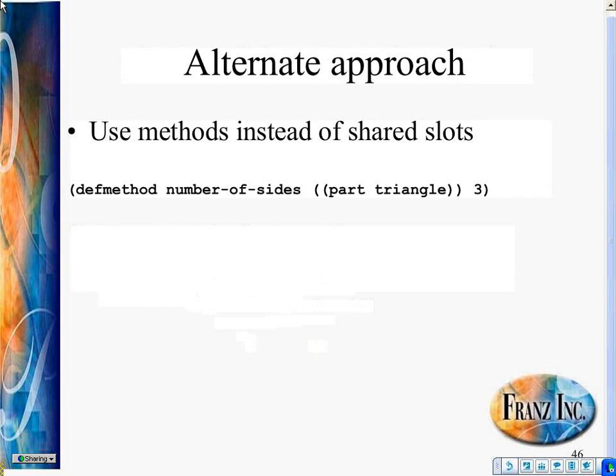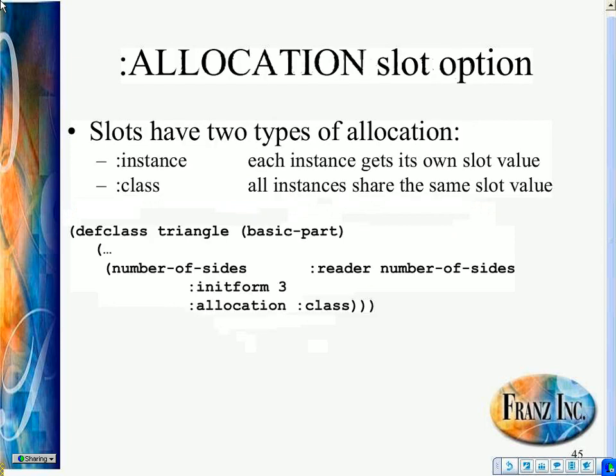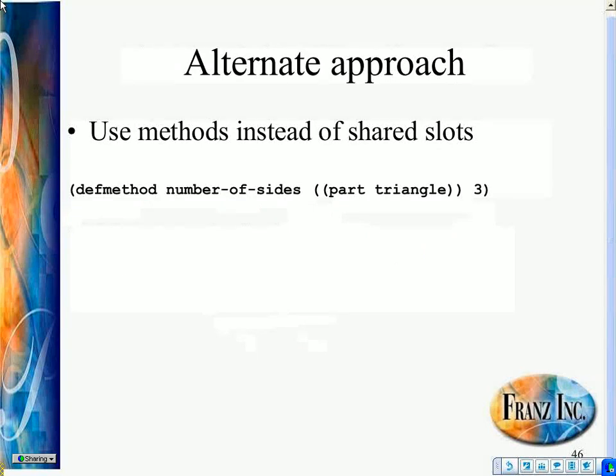Now, shared slots actually aren't much used, and you could easily live without them. And here we define a method for number-of-sides when part is a triangle, and we get 3. And therefore, if you apply this method to any triangle, you'll get 3, just as if you applied the number-of-sides accessor to any triangle, you would have got 3.